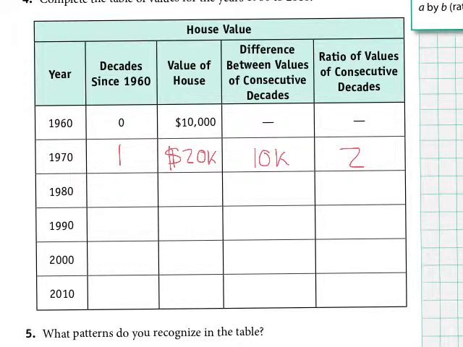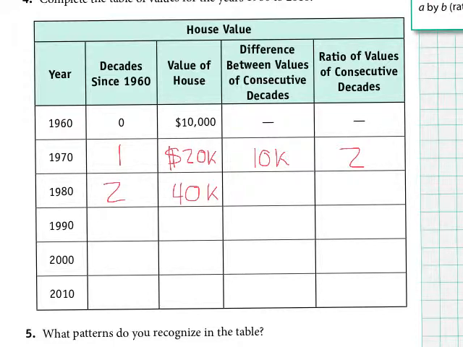So in 1980, how many decades away are we now? Now we're 2 decades away. What did we figure out the house value should be in 1980? 40. If it continues to double, it should be 40,000. So then I need the difference between 1980 and 1970. Just 20,000, right?